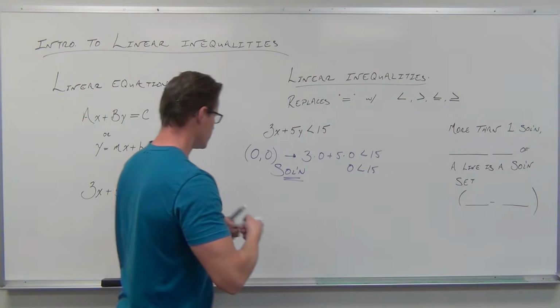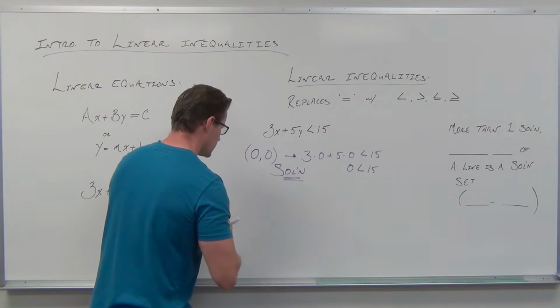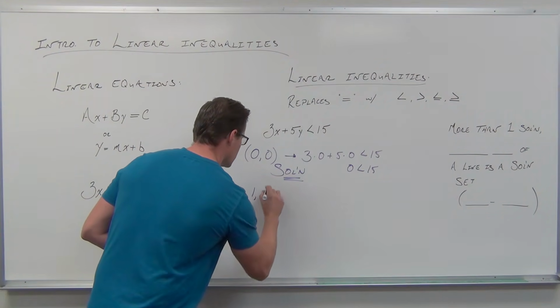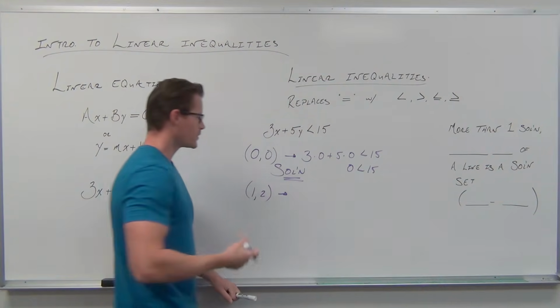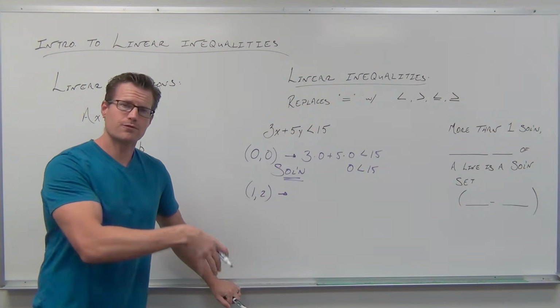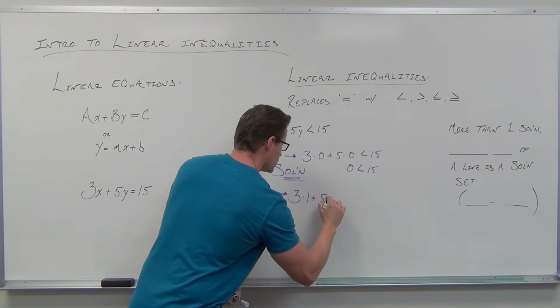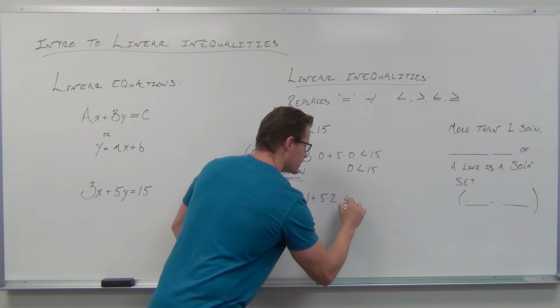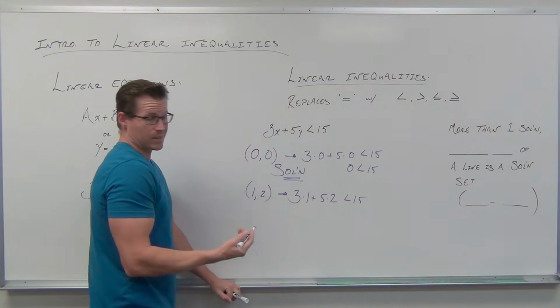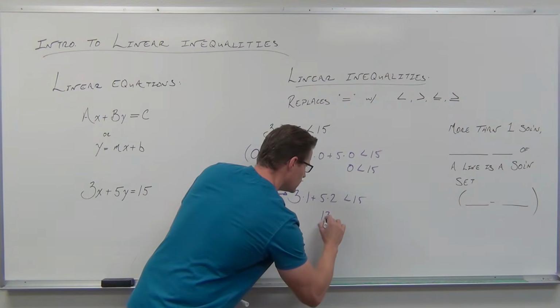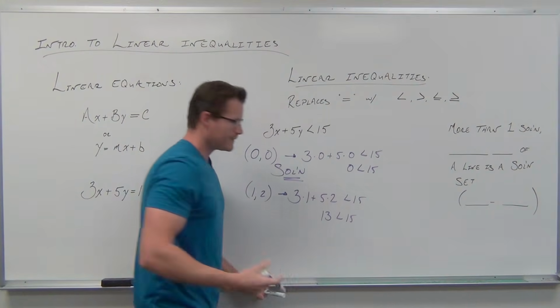Let's try another one. So if we were to plug in 1, 2, that's 1 for x, and 2 for y. Well, that gives us 13. And again, that's a true statement.